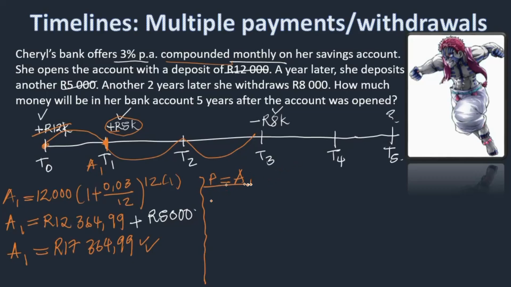So what is the formula? The formula says A is equal to P(1 + i/12) raised to the next 2 years. Remember I said I'm calculating from here up until the next transaction, which is n times 12. Remember that interest is always compounded monthly, right?